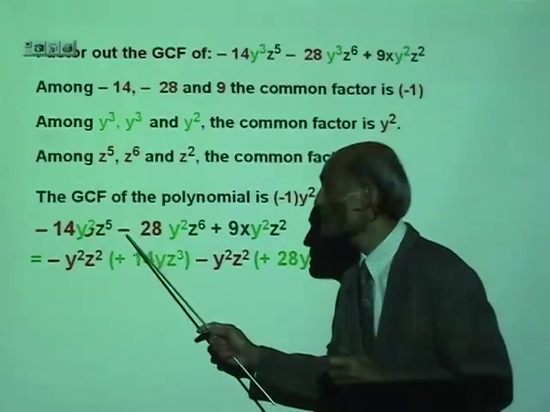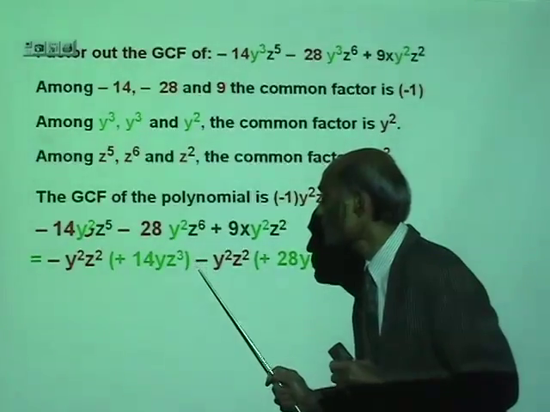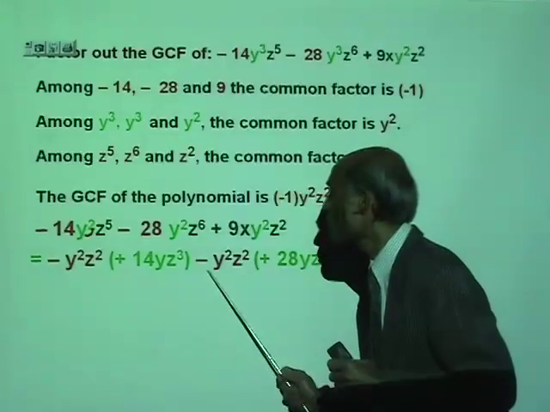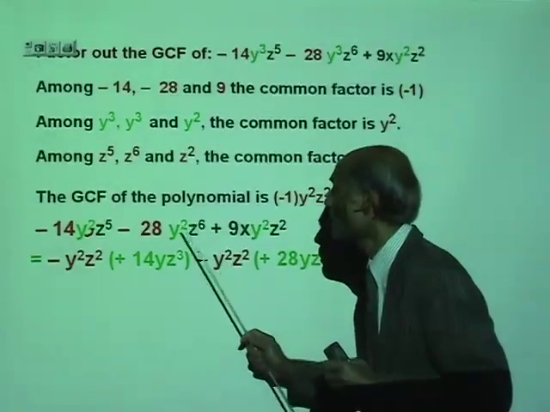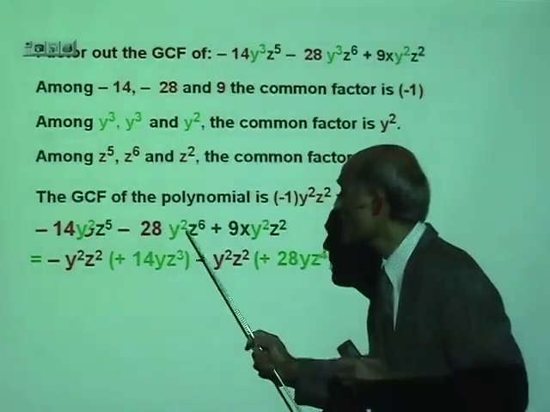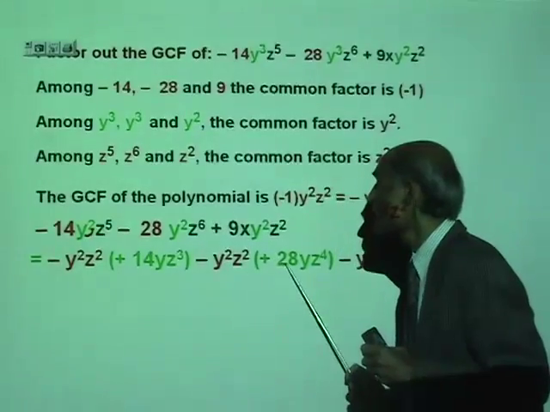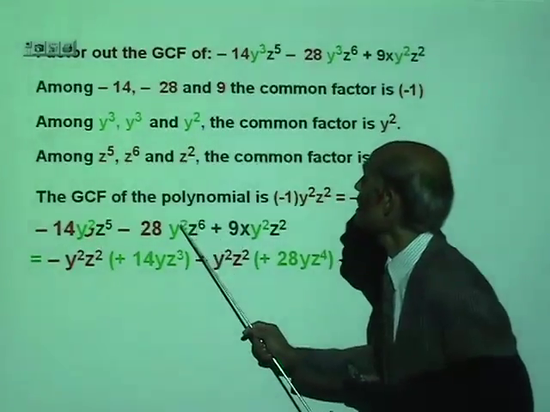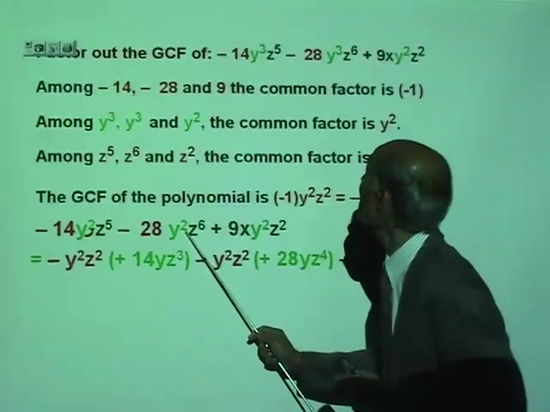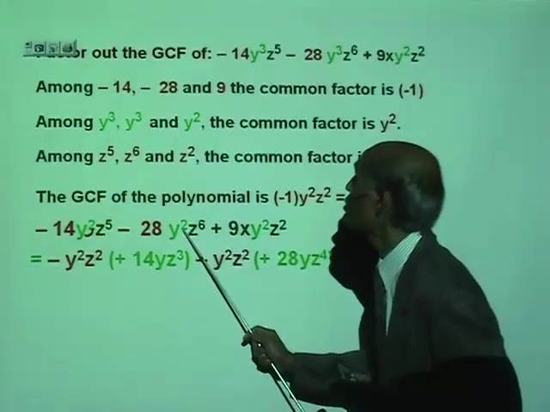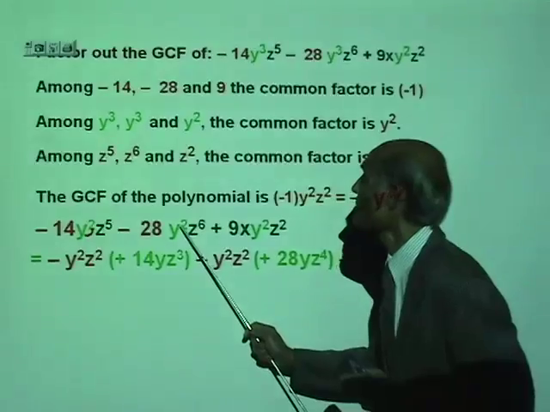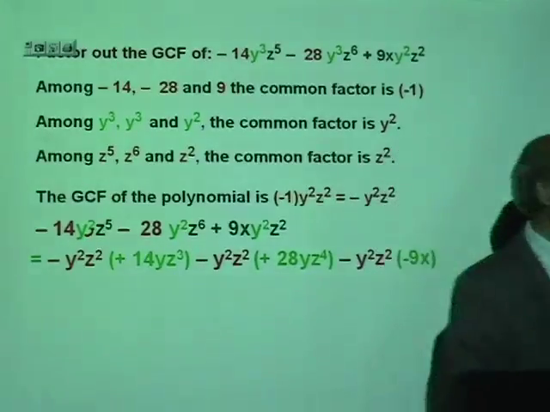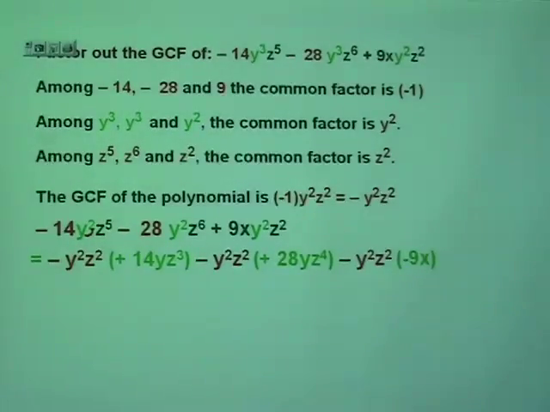Alright, let's go to the second term. After factoring out a negative y squared z squared, what is remaining in the second term is a positive 28. And here again, that same printing error has come. This is y cubed.